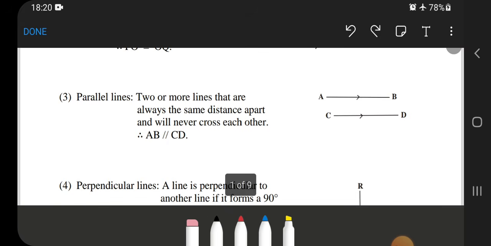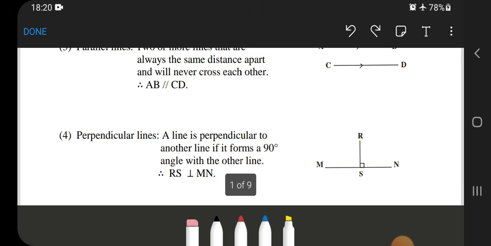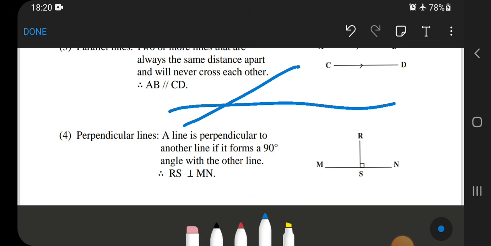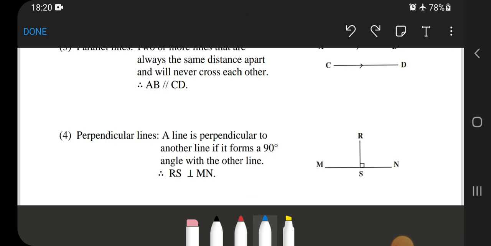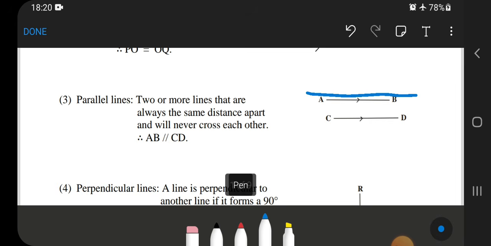And now we're going to be talking about parallel lines. Parallel lines are lines that will never meet, no matter what. These are parallel lines, not lines like this one is like this, this one is like this. They are not parallel. Parallel lines are straight lines.